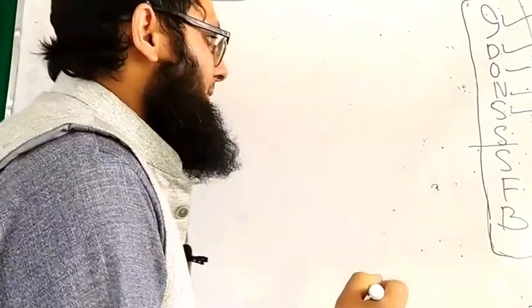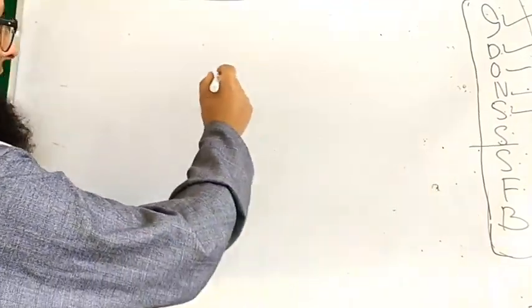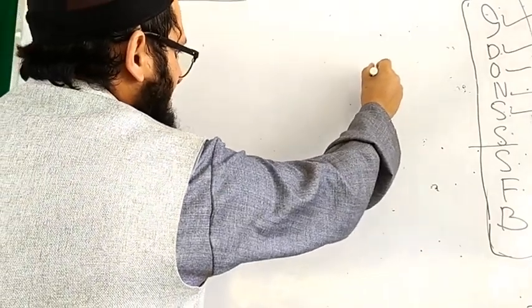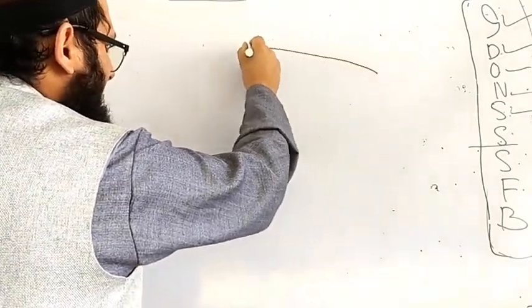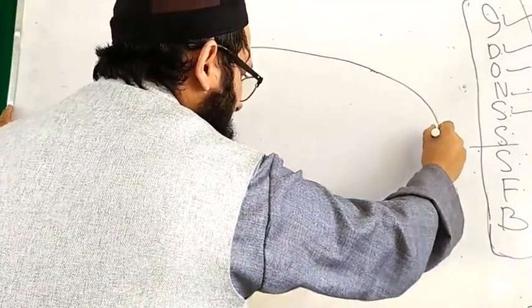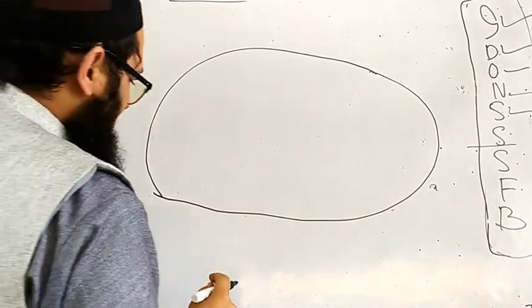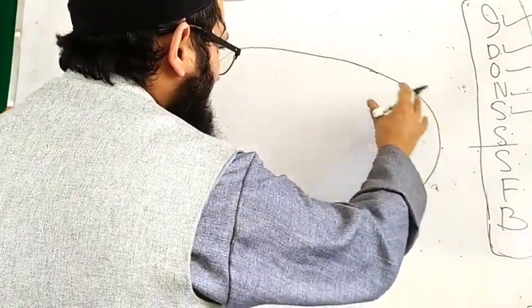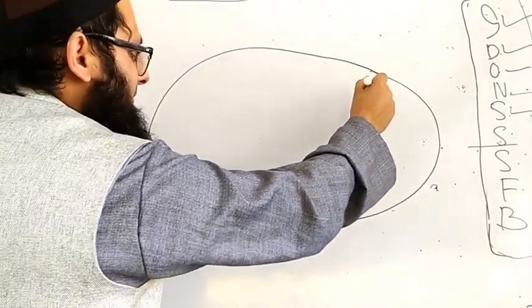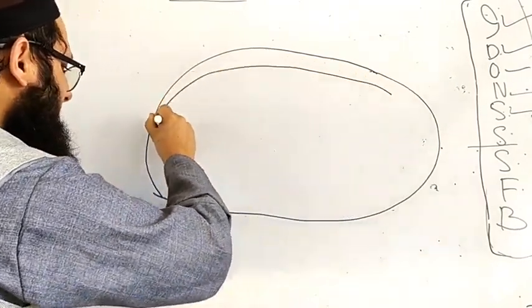Okay, so let's start. When we talk about the chloroplast structure, as I told you in the beginning, chloroplast is somewhat discoidal, oval in shape, and it is a double membranous structure. We have two envelopes, two membranes over here.